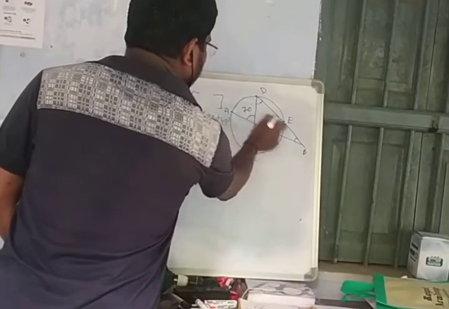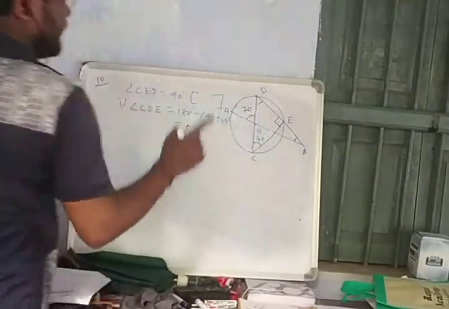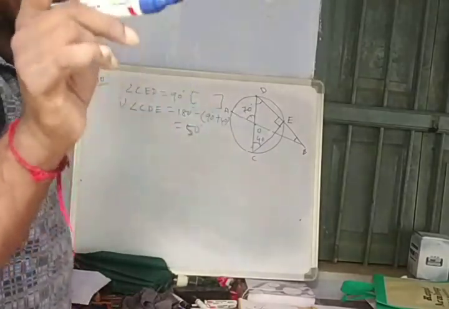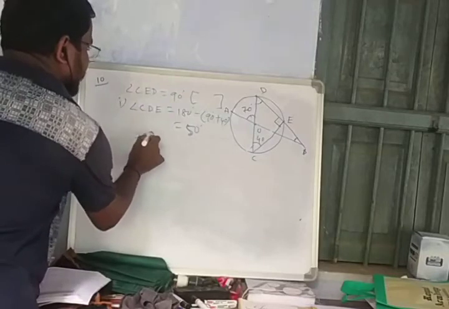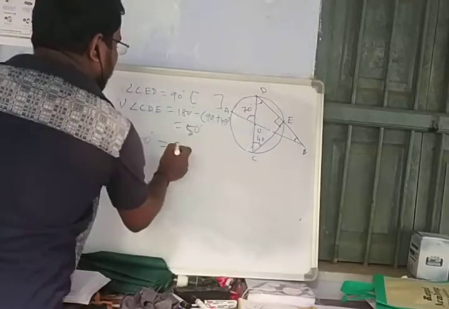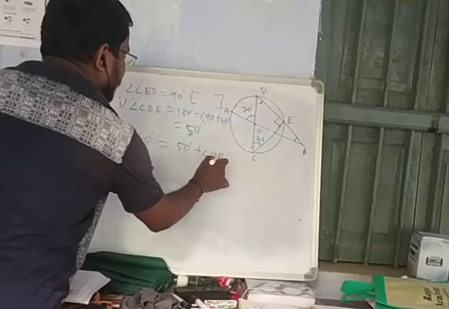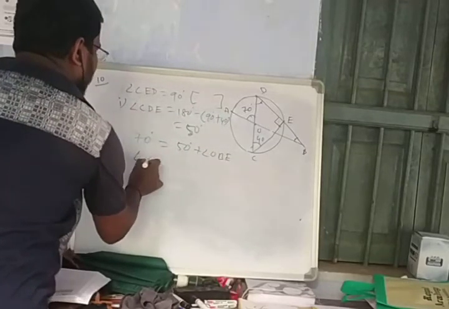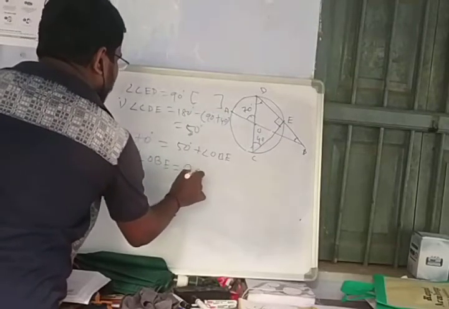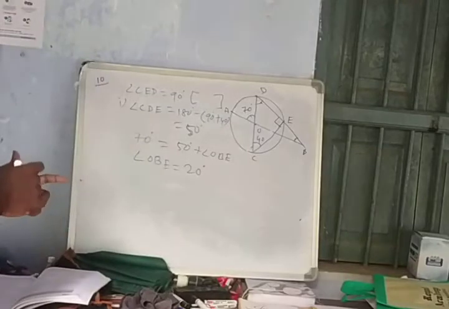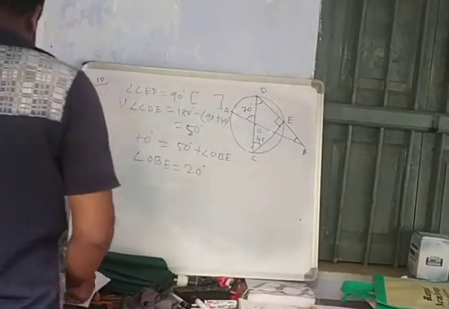This angle equals this plus this. See now, for this triangle, this is the exterior angle. Exterior angle equals the sum of the other two interior angles. Therefore, we can write 70 degrees equals 50 degrees plus angle OBE. Then angle OBE equals 70 degrees minus 50 degrees, which equals 20 degrees. Okay. Got it? Next.